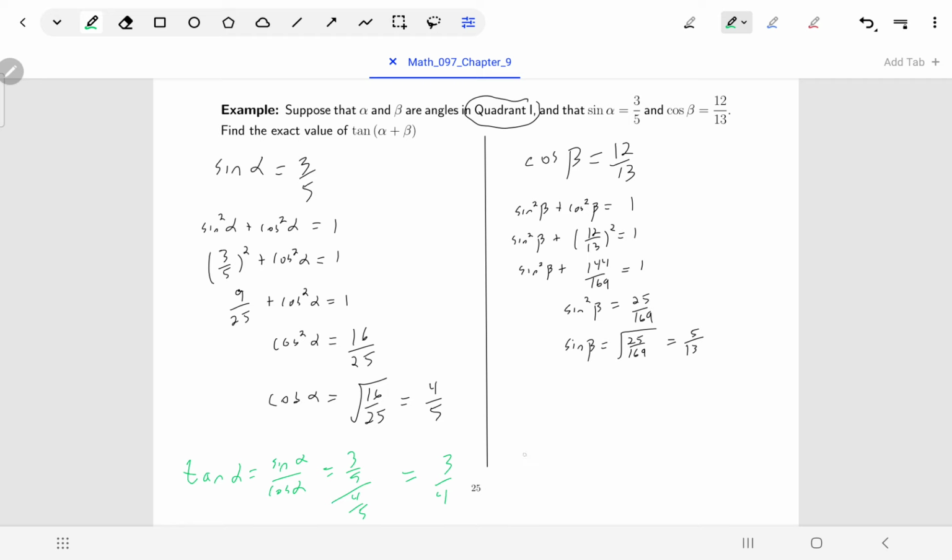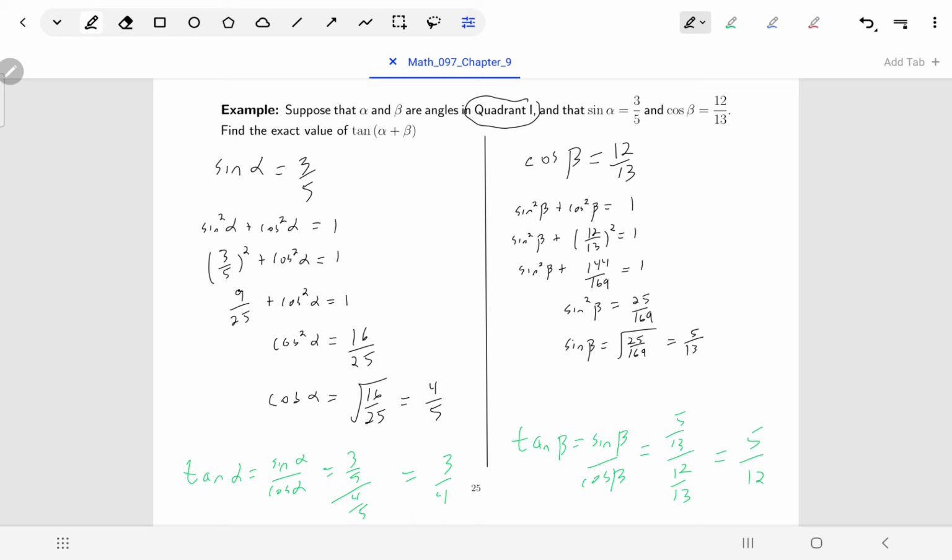And same thing for tangent of beta. I know tangent of beta is sine of beta over cosine of beta. And that would be 5/13 divided by 12/13, which is the same thing as 5/12.